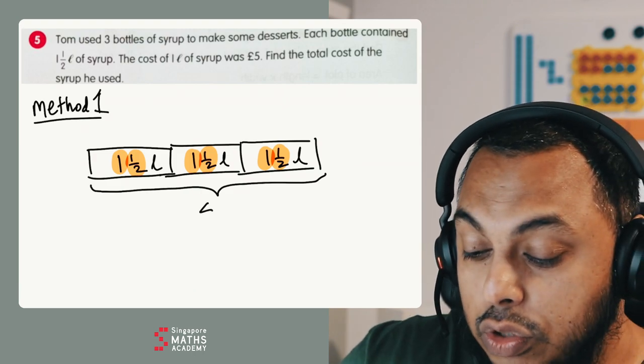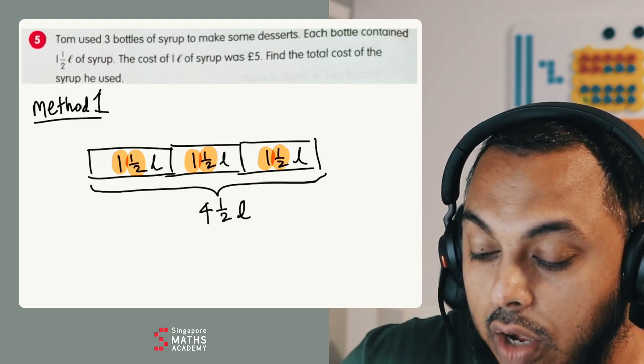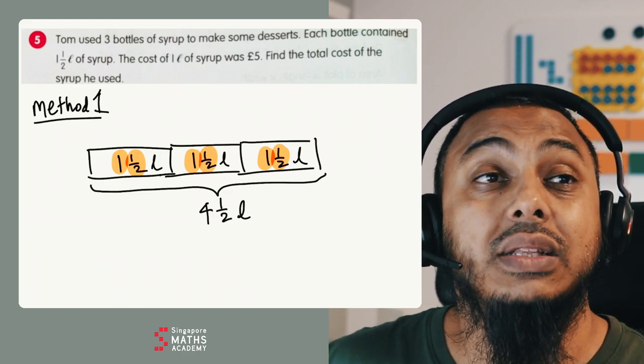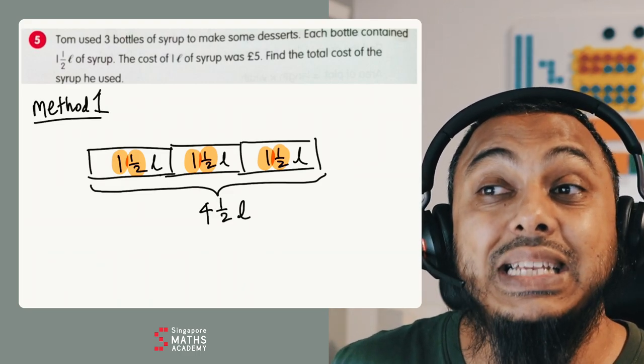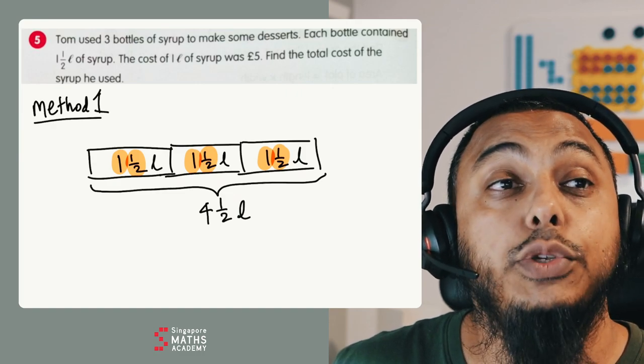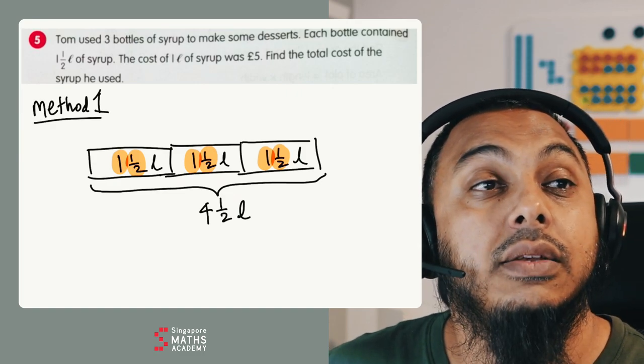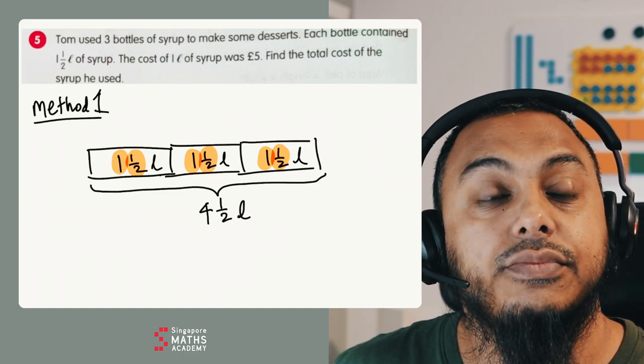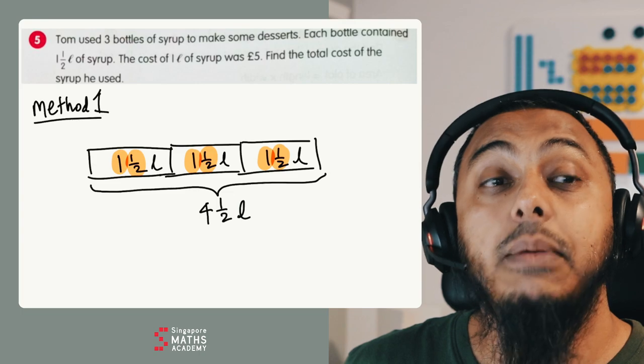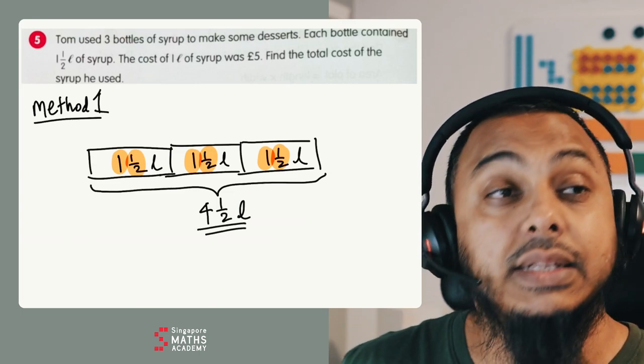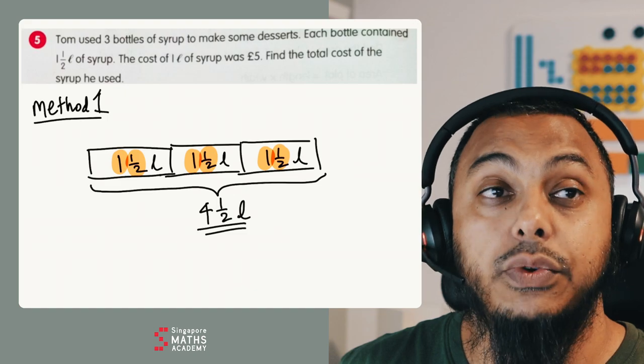So I know altogether I've got 4.5 liters. So method 1, I'm working out how many liters of syrup I'm using in these desserts. I've just worked out I'm using 4.5 liters of syrup.